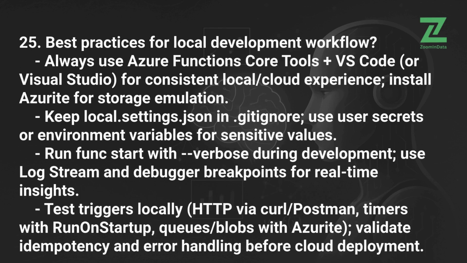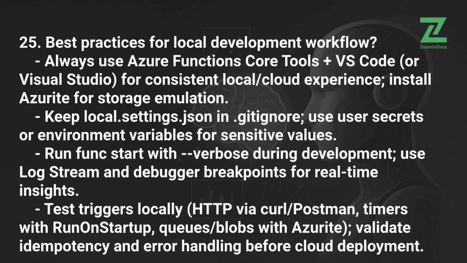25. Best practices for local development workflow. Always use Azure Functions Core Tools plus VS Code or Visual Studio for a consistent local and cloud experience. Install Azurite for storage emulation. Keep local.settings.json in .gitignore. Use user secrets or environment variables for sensitive values.